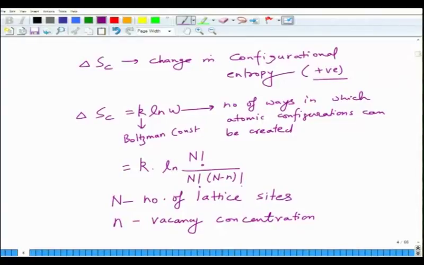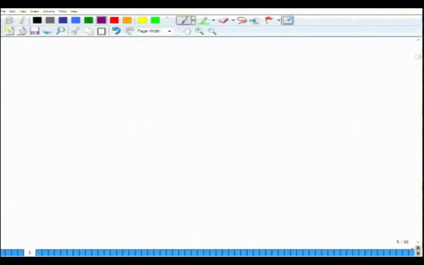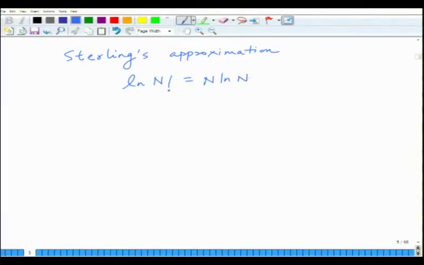To solve this equation, we make an approximation called Stirling's approximation, which says ln N factorial is equal to N ln N minus N, and likewise you can write ln n factorial is equal to n ln n minus n.